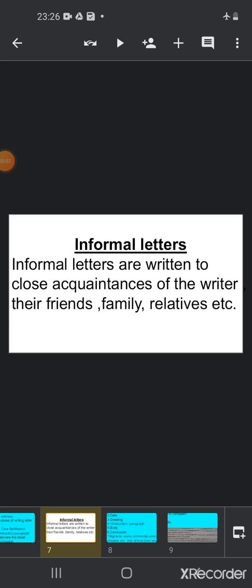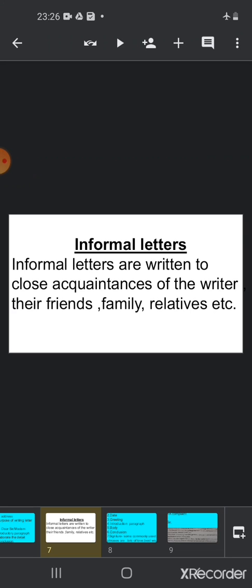Now, how to write informal letters. Informal letters are written to close acquaintances of the writer, their friends, family, relatives, etc. When we write informal letters, we use a personal tone.